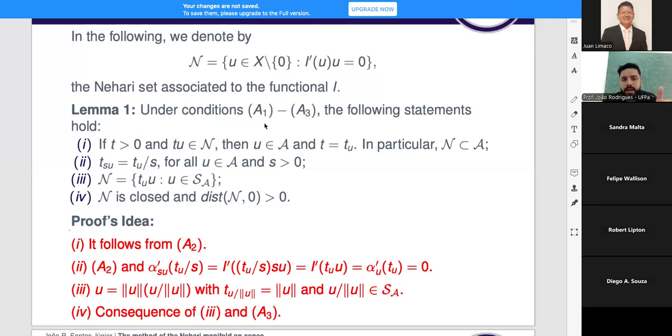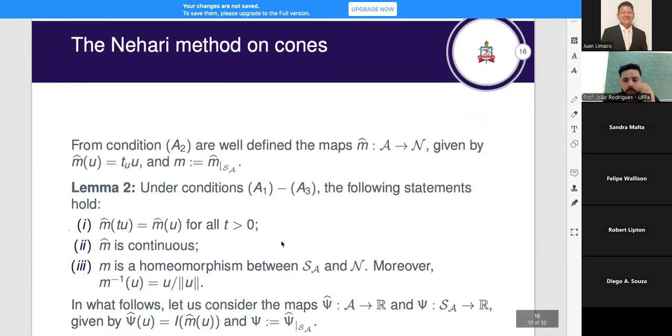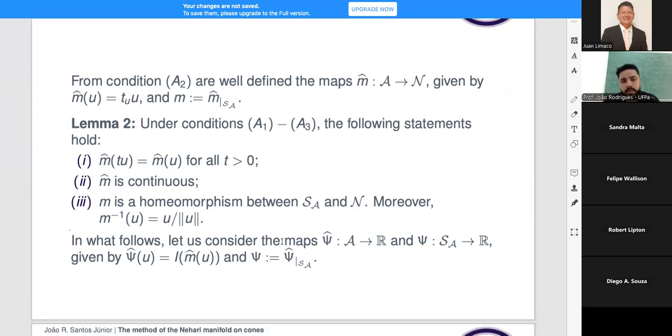Of course, if we have the assumptions A1, A2, and A3, we can go to the next frame. This is a very technical part of the work, because here we can establish the existence of the homeomorphism between the Nehari set and the C1 manifold S_A.